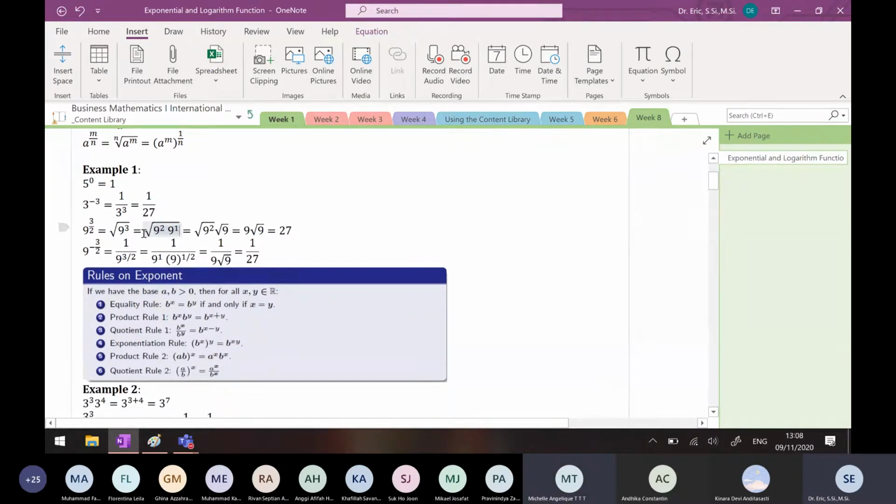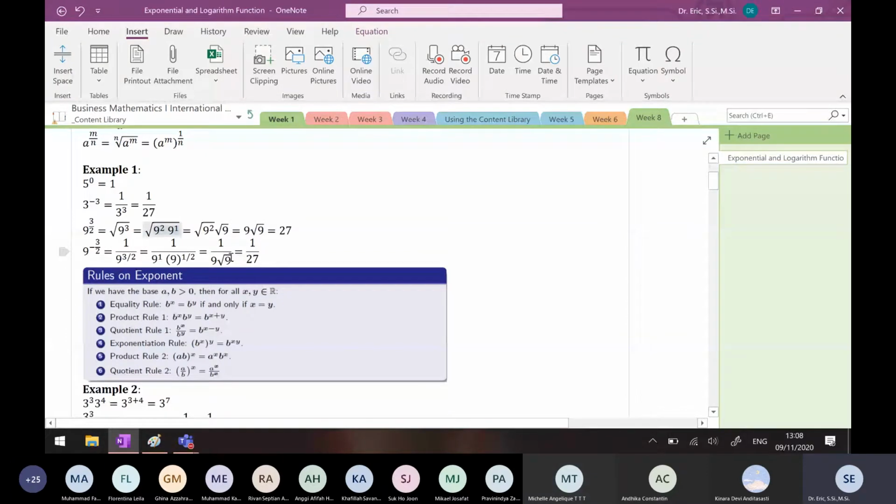And about 9 to the power of minus 3 over 2. This is the same as 1 over 9 to the 3 over 2. I can do it another way. 3 over 2 is 1 plus a half. So 9 to the power of 3 over 2 equals 9 to the power of 1 times 9 to the power of a half. 9 to the power of 1 is 9, and 9 to the power of a half is the square root of 9, which is 3.